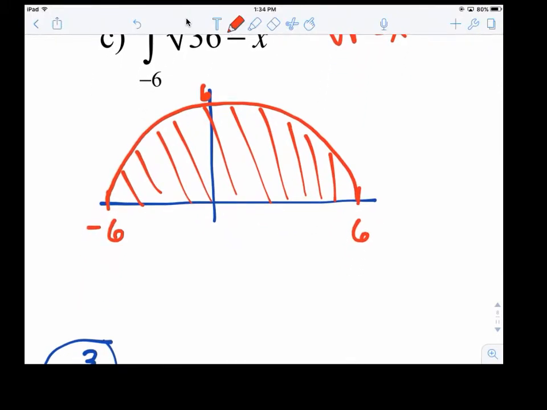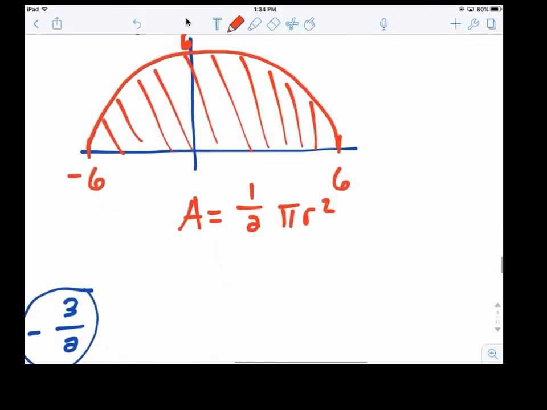Pi r squared is a circle, so, right. And my radius is what? 6, right? So you have 1/2 pi times 6 squared.